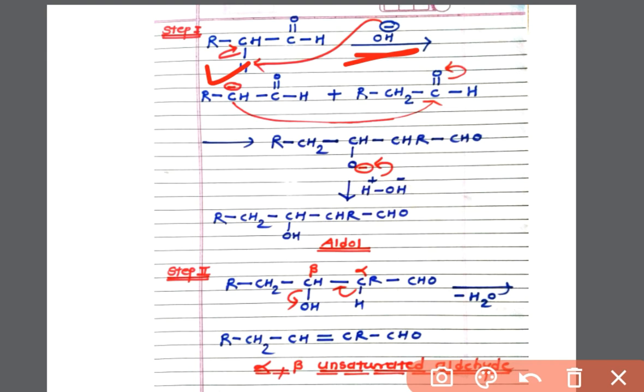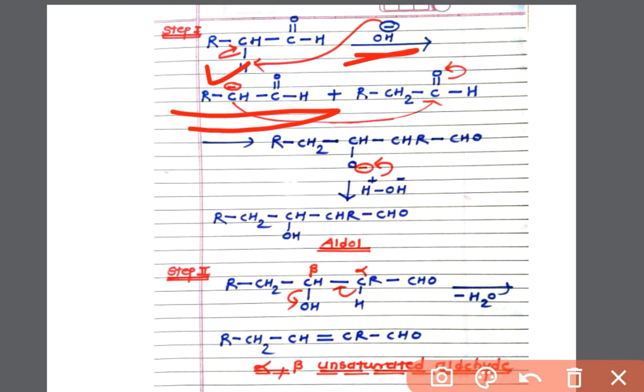So base abstracts only alpha hydrogen present in the aldehyde, and because of this type of abstraction, the bond between carbon and this alpha hydrogen shifts onto carbon, and the carbon carries a negative charge and forms this type of species.